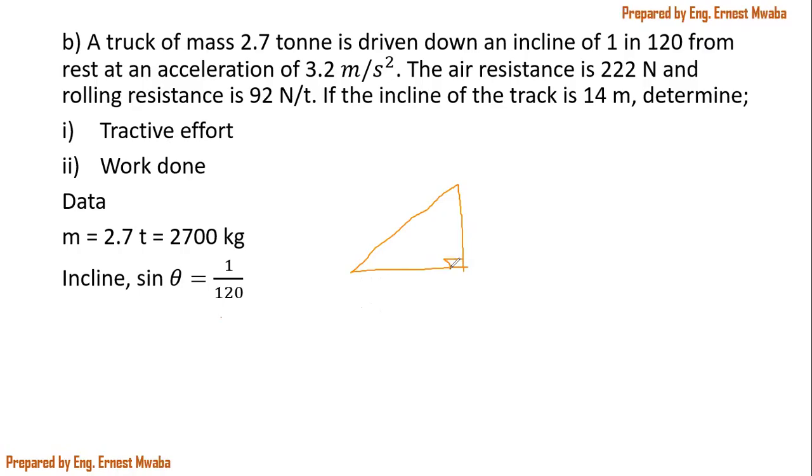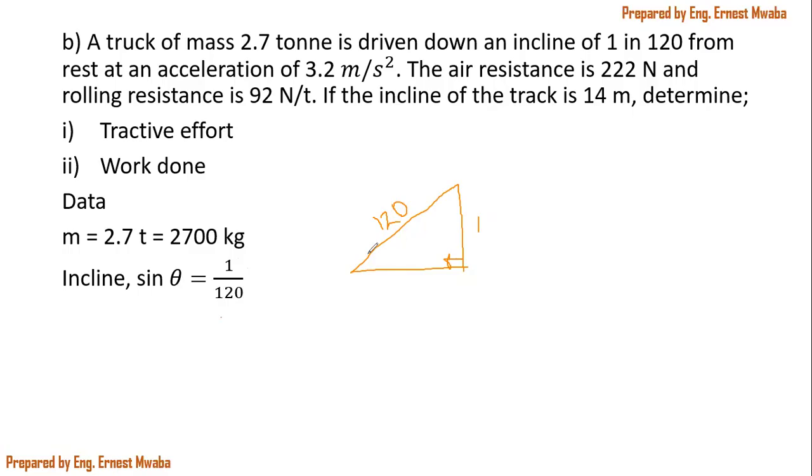Now, for every 1 unit ascension, or for every 1 unit you go up vertically, you've moved along your path by 120 units. It could be that you've moved 1 meter up, then along the path you've moved 120 meters. So that's the meaning of 1 in 120.